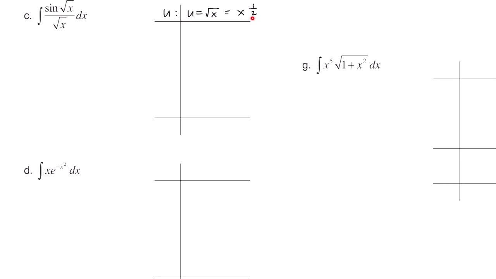All right, so next we're going to take the derivative of this with respect to x. So the derivative of u with respect to x is going to be 1, and then we times by du dx. The derivative of x to the 1/2 is going to be 1/2 x to the negative 1/2. And we're going to rewrite this as 1 over 2. And then because this has a negative exponent, we're going to move it to the denominator.